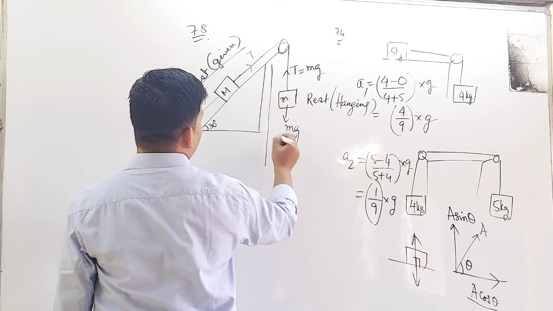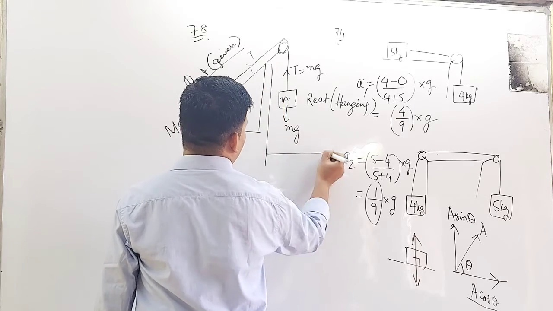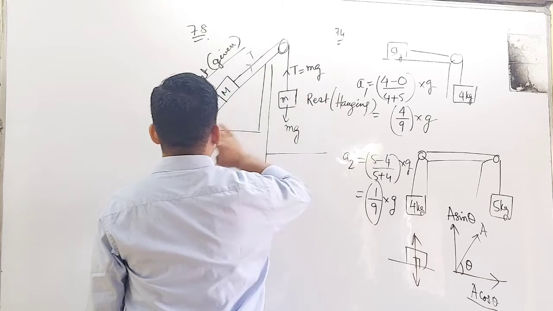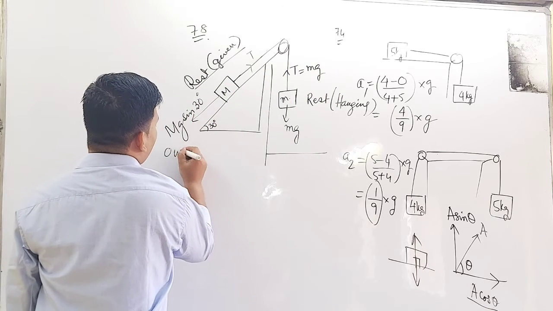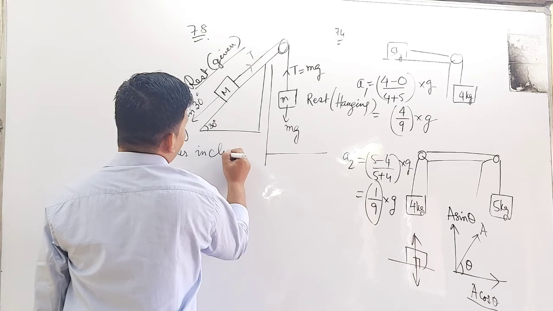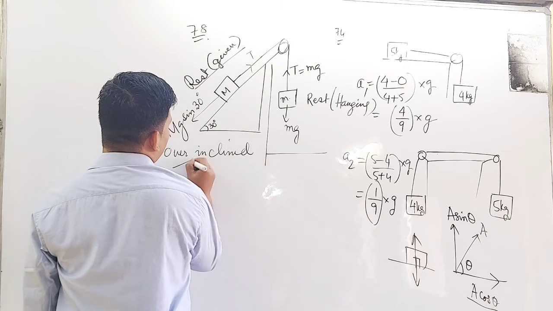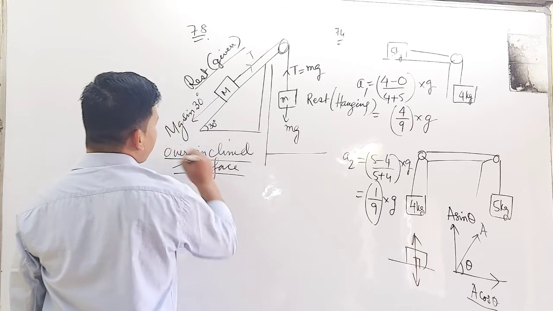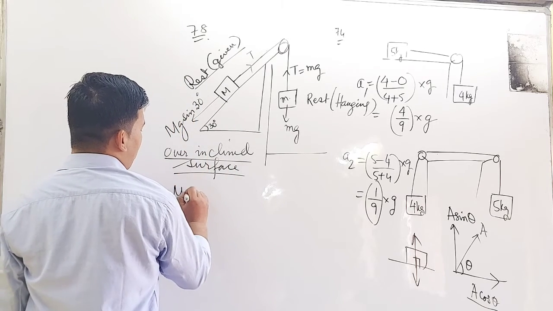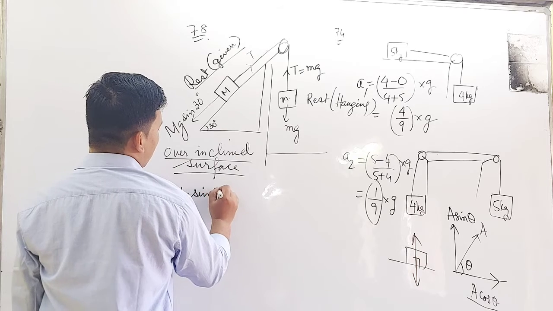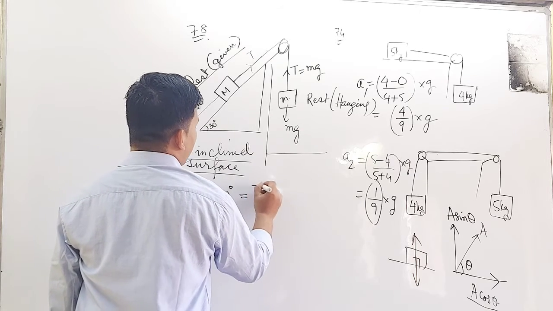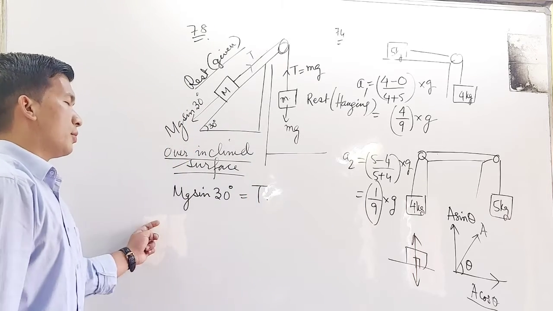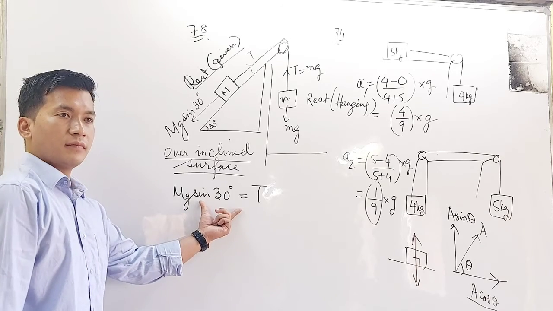This is for part 1 of the question, and for part 2 it is the forward inclined surface. In order to maintain our equilibrium, mg sine of 30 degree must be equal to tension T. Can you understand this step?